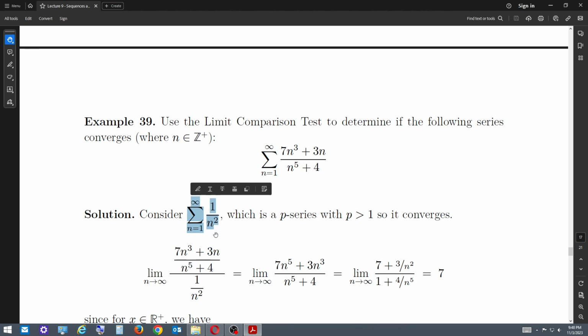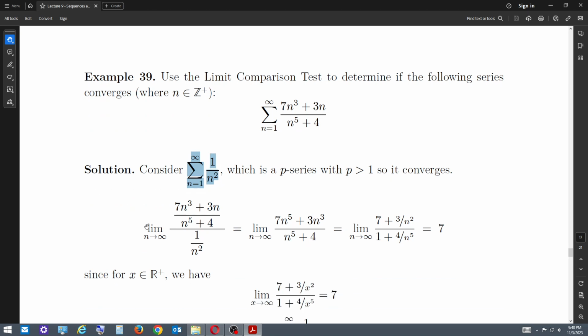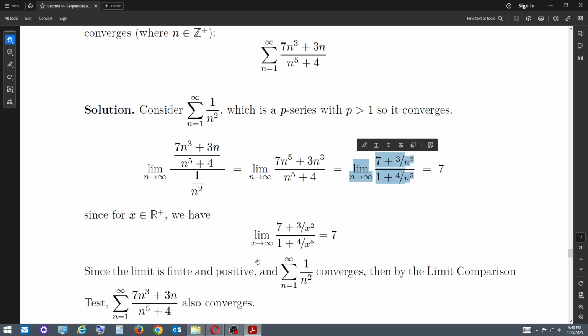Now this here is a p series with p greater than 1, so it is convergent. So we record the limit as n goes to infinity of an over bn, simplify it as much as possible, and then we switch to positive real numbers and say, the limit as x goes to infinity of this same expression with x instead of n.